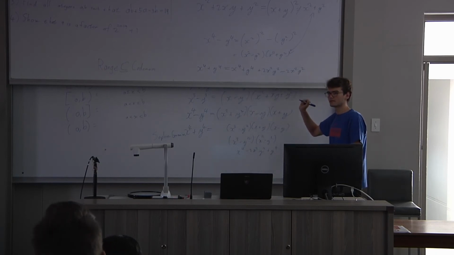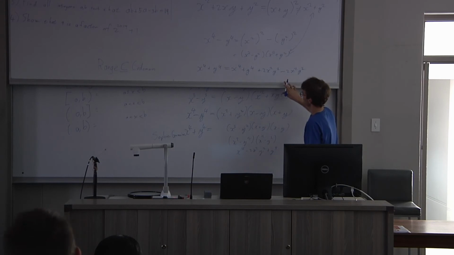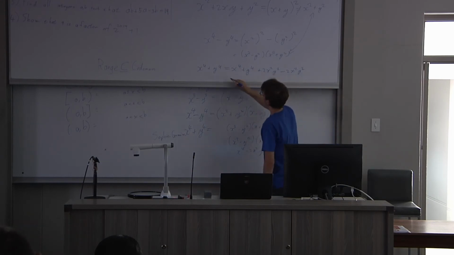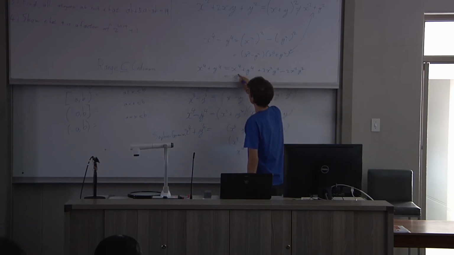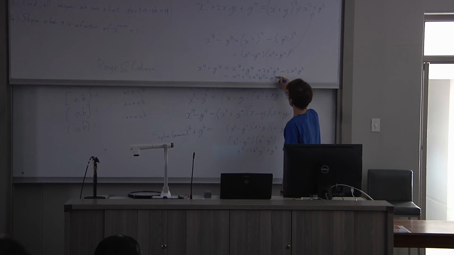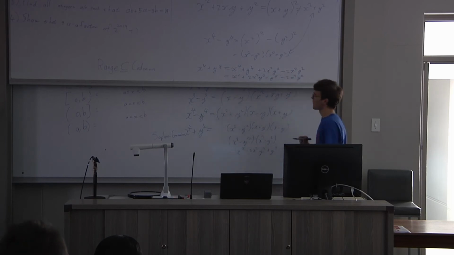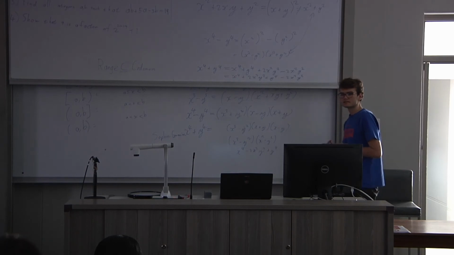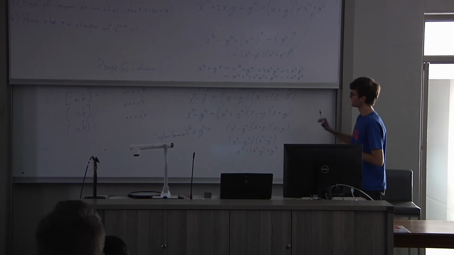Are you all happy with that? Okay, so now if we swap these two around, we get x to the 4 plus 2x squared y squared plus y to the 4 minus 2x squared y squared. Can you see what to do next? Okay.